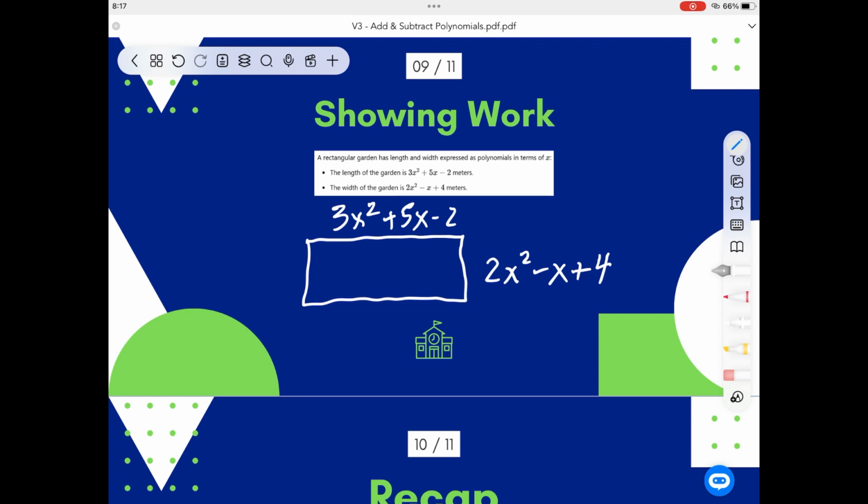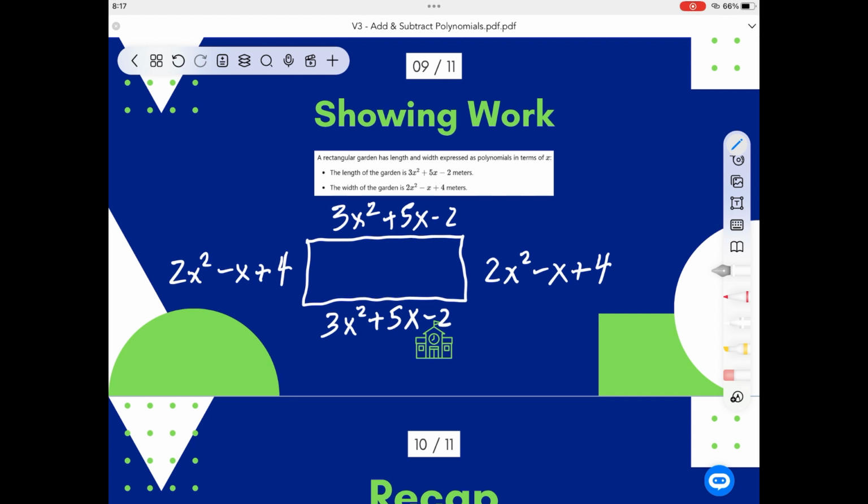So we could go through and potentially label all four sides, right? The bottom and the top would have the same expression, and then the left and the right would also have the same expression, because that's how rectangles work, right? Opposite sides are congruent.